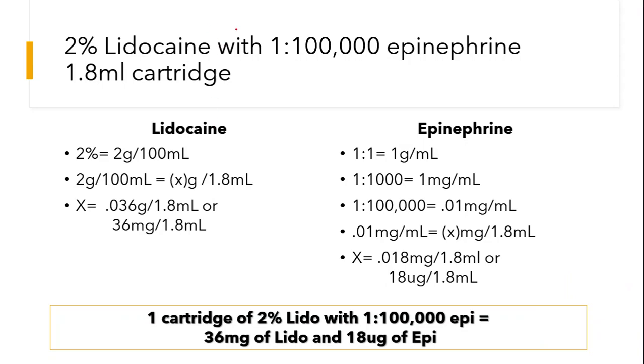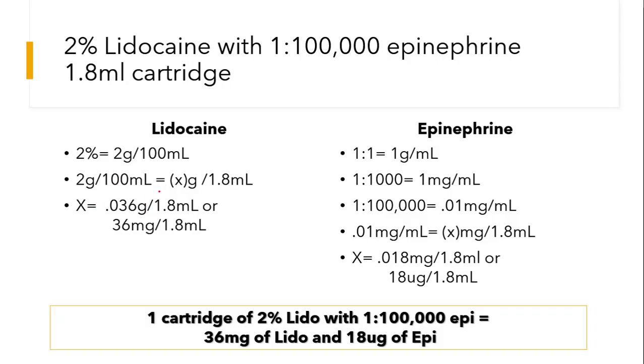Let's take a look at the most common local anesthetic that we use: 2% lidocaine with 1:100,000 epinephrine, in a 1.8 ml cartridge. How much lido is in there, and how much epi? So 2% is basically 2 grams per 100 ml.